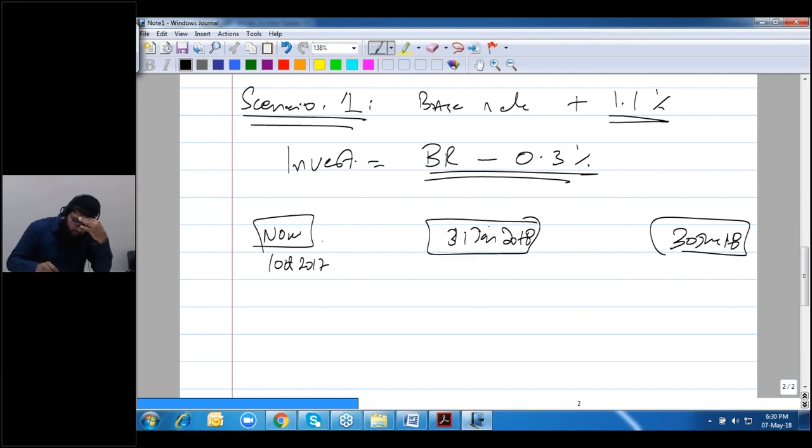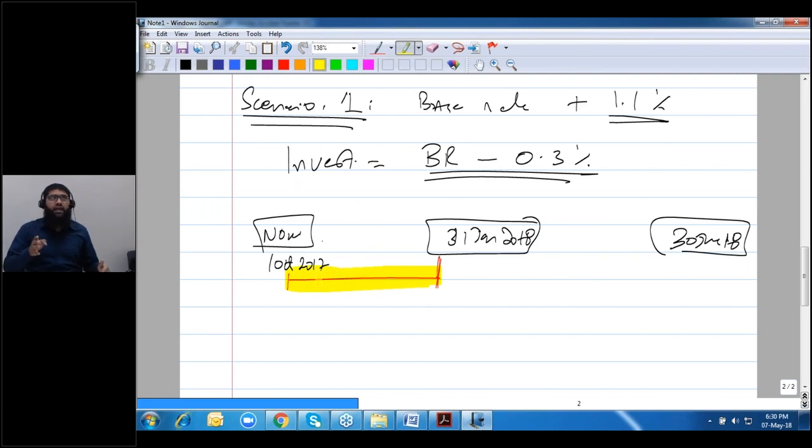Now is 1st October 2017. You are going to invest on 31st January 2018 and you are going to withdraw the funds on 30th June 2018. So basically the risk that you are facing is here. You're facing a risk between now and the date when you are actually going to invest the funds.